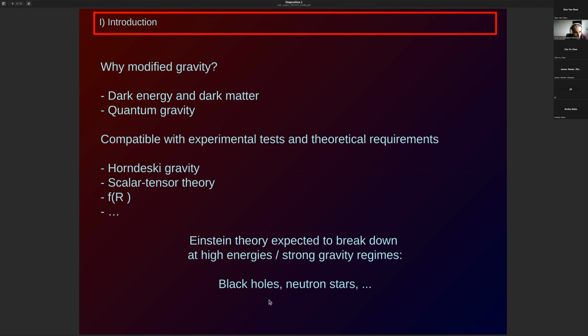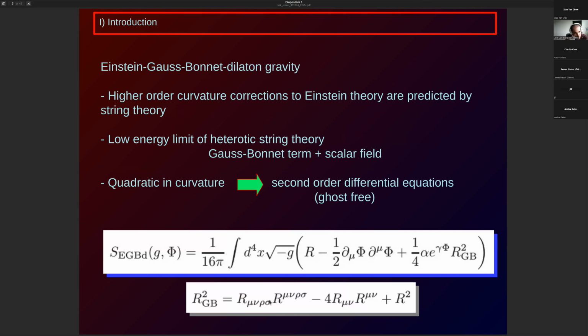Okay, so what we are going to talk today is about this specific theory, the Einstein-Gauss-Bonnet-dilaton gravity. This is a very interesting theory because, well, it has a number of qualities that make it interesting. No?